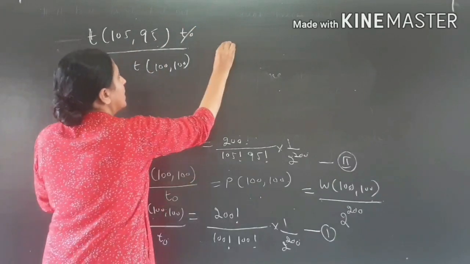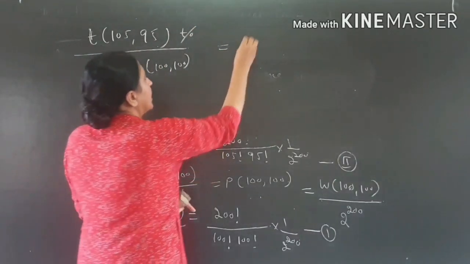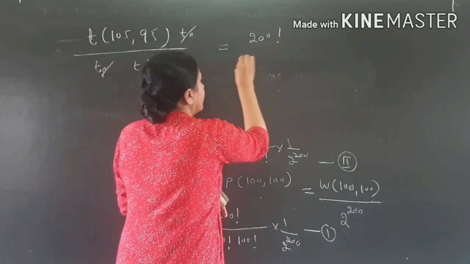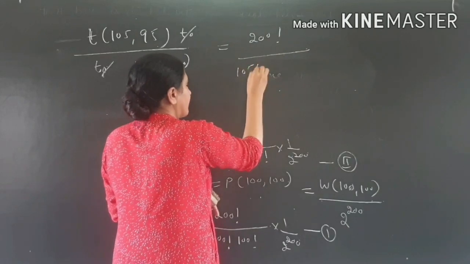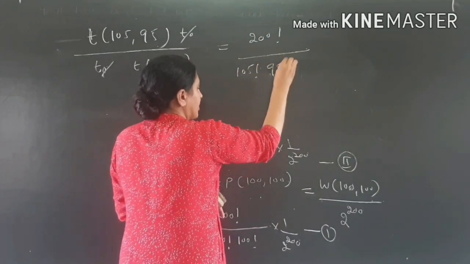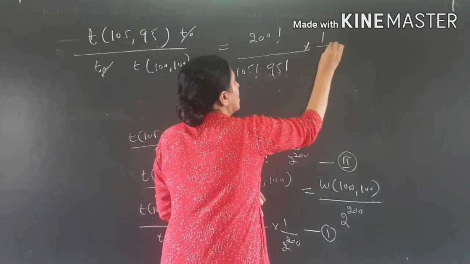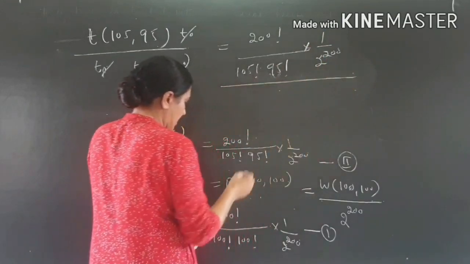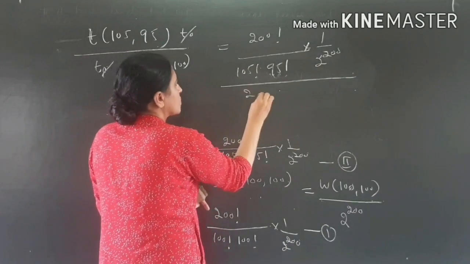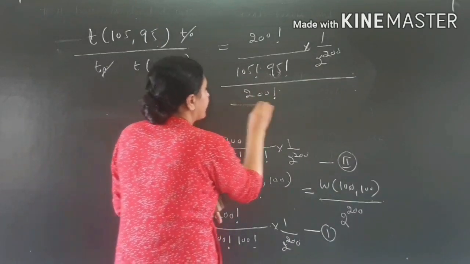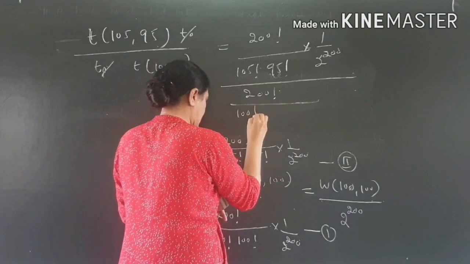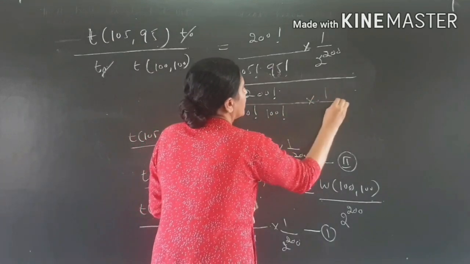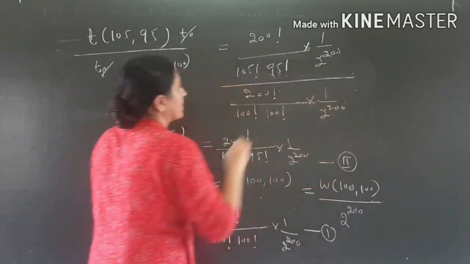This is equal to 200 factorial divided by 105 factorial 95 factorial into 1 over 2 raised to power 200, divided by equation number first, that is 200 factorial divided by 100 factorial into 100 factorial into 1 over 2 raised to power 200.